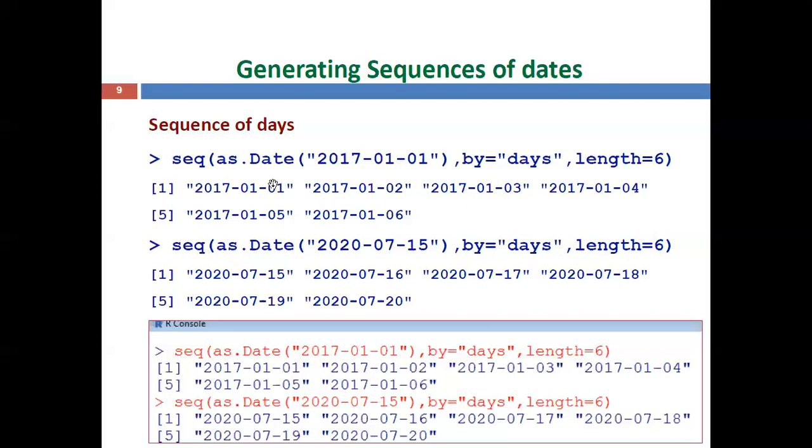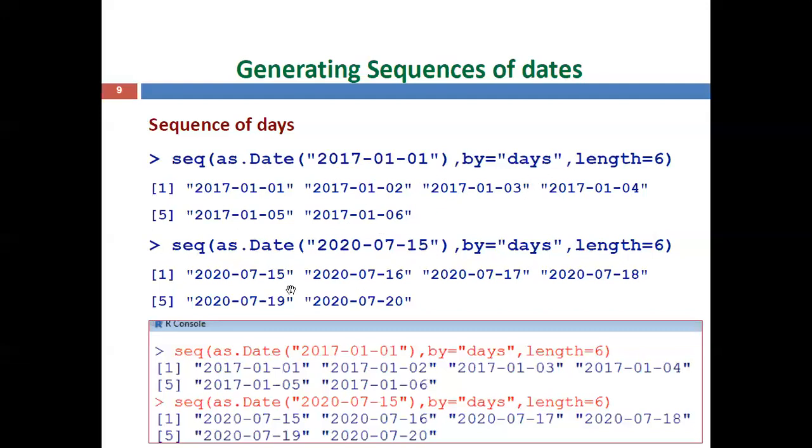So here the first day is 1, so 1/1/2017. Then the next day is 2. Then third day is 3. Fourth day 4. Fifth day 5. Sixth day 6. So here it ends at this date. The reason is the total length is 6. Here you can see 1, 2, 3, 4, 5, 6. Like that it displays by days.